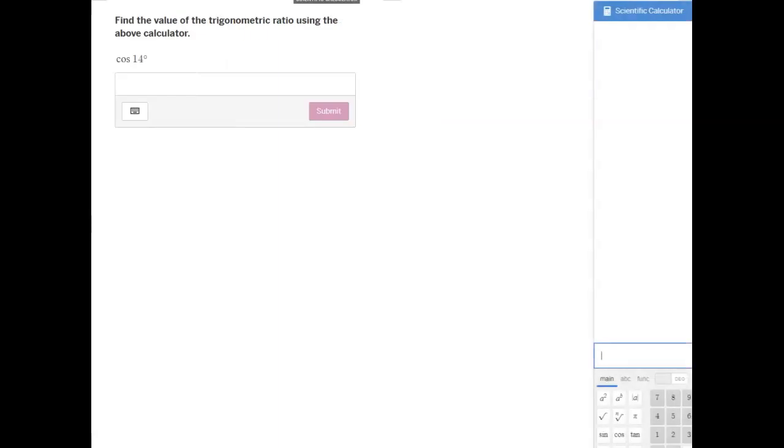On our next one, we're looking for cosine 14. So we can click cosine or we can type in COS 14 and it will give us the trigonometric ratio for cosine 14.